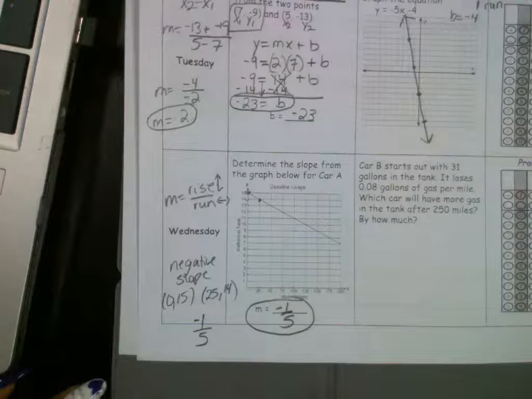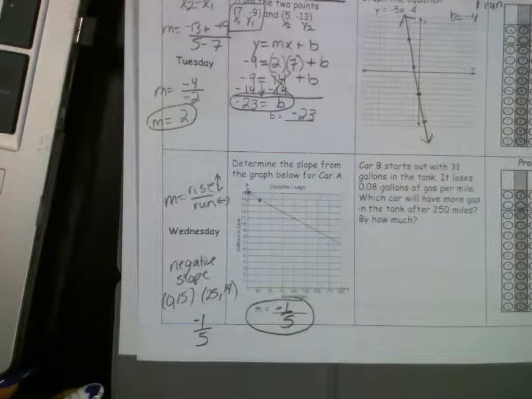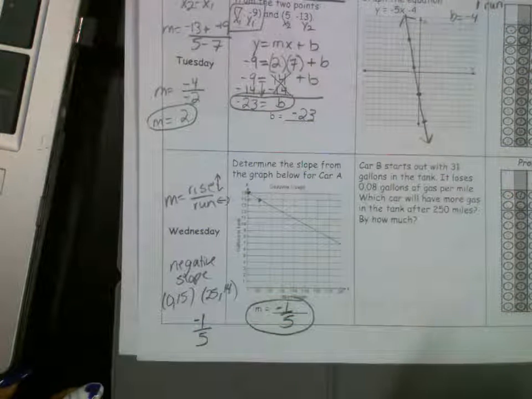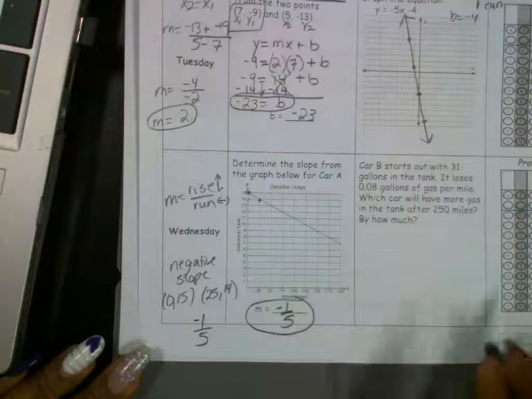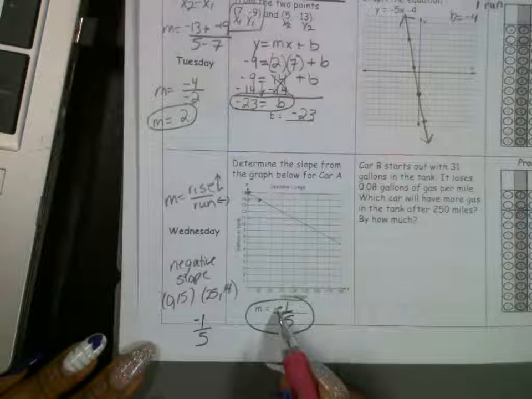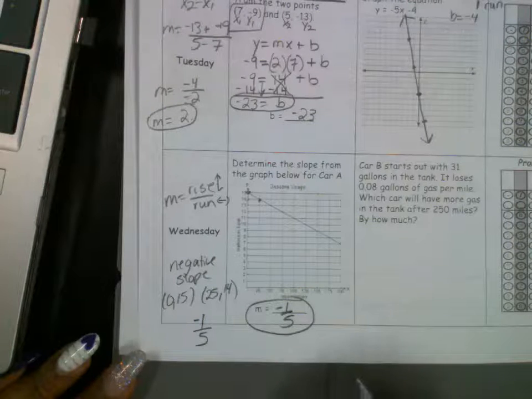So you're losing a gallon of gas per 5 miles. Gallons of gas on the top, miles on the bottom. How do I know you're losing? Because it's a -1.